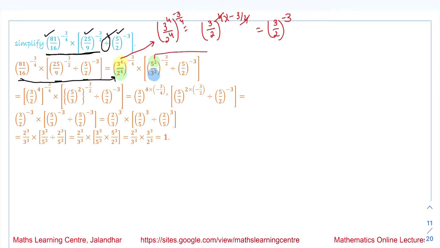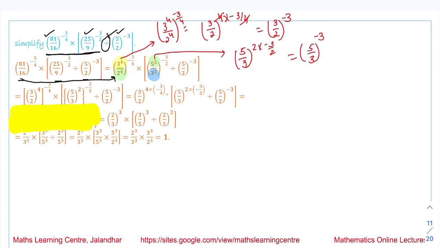Similarly, in the second term, we have 5 by 3 square into minus 3 by 2. The answer is 5 by 3 raised to the power minus 3. And the last term we already have in this form. So the answer we are left with is 3 by 2 raised to the power minus 3 into 5 by 3 raised to the power minus 3 divided by 5 by 2 raised to the power minus 3.